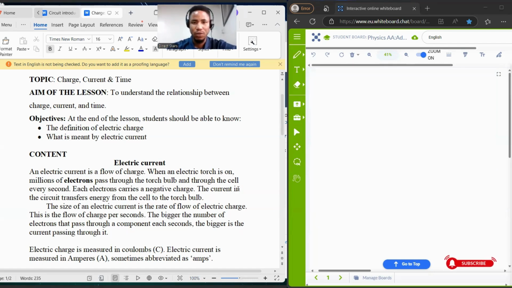Now let's go with the definition and explain it mathematically. We need to know how we represent electric current, charge, and time.